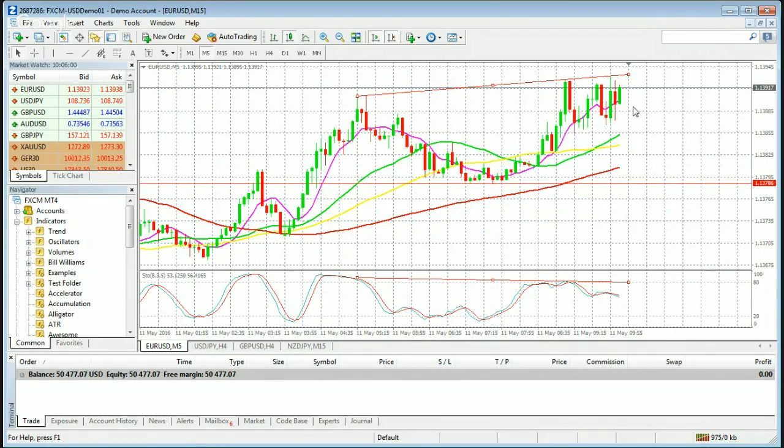Okay, let's wait for the next one. That line is just still not pointing down. That's what I'm not liking. So there's still a bit of momentum in that upwards push.